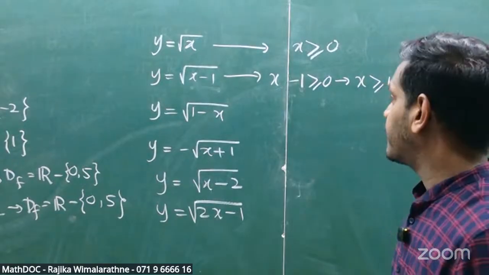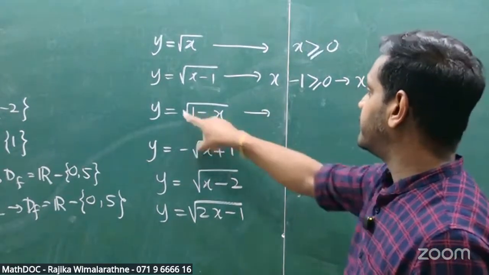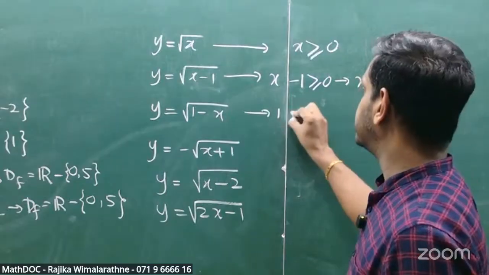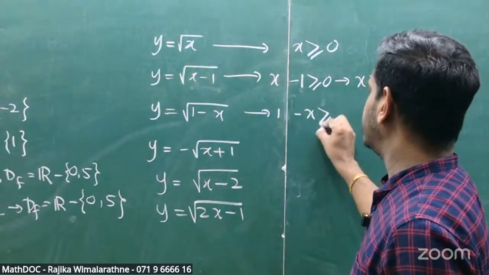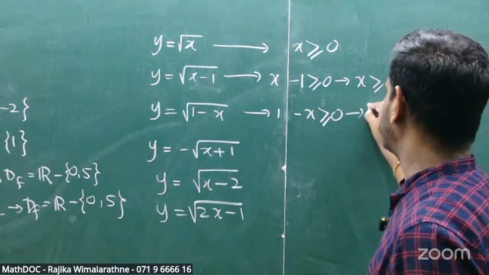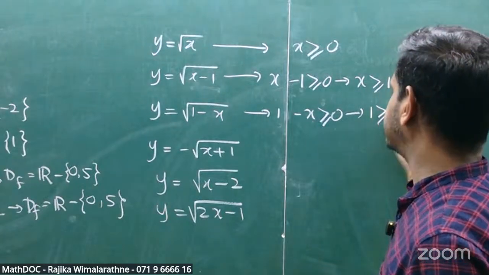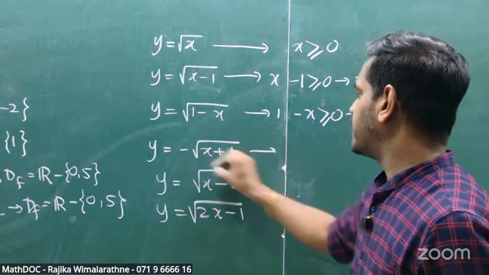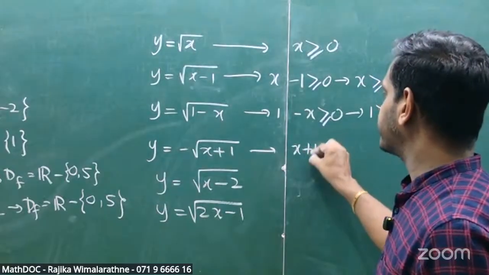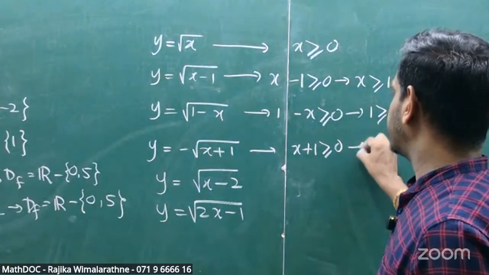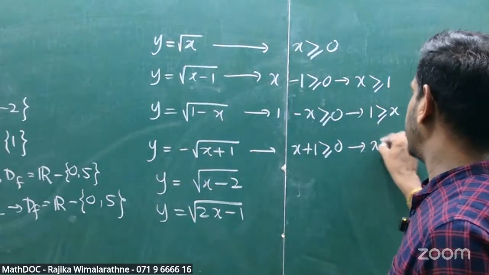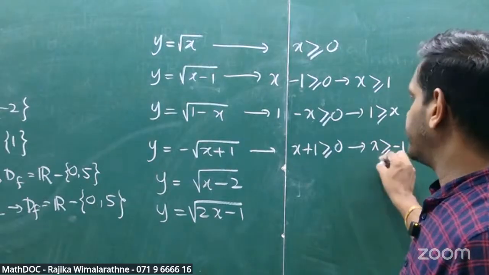Then here, within the square root 1 minus x is greater than or equal to 0, so x is less than or equal to 1. In this case, within the square root x plus 1 is greater than or equal to 0, so x is greater than or equal to minus 1.